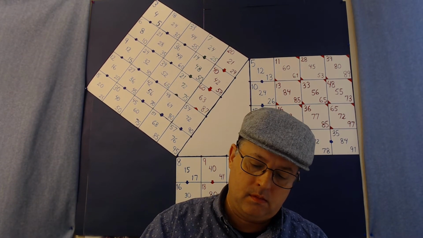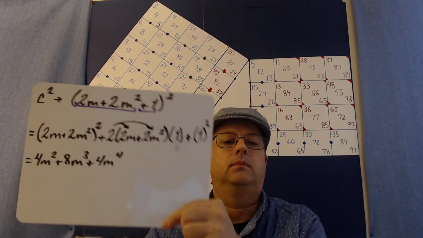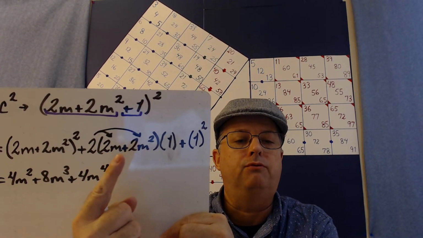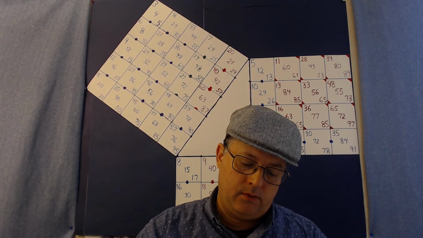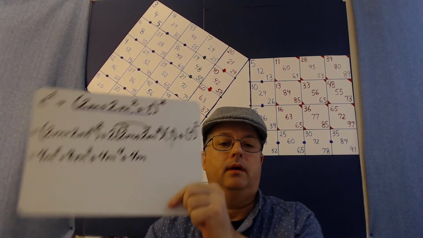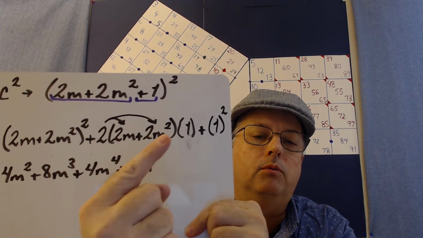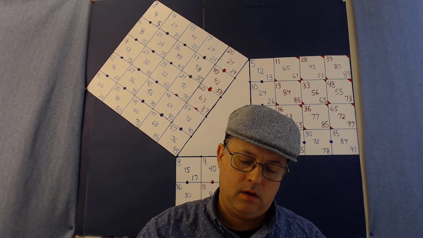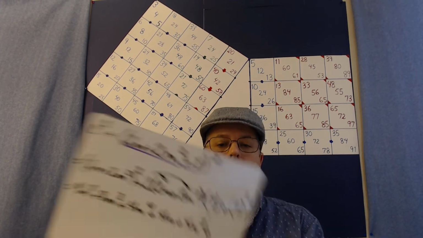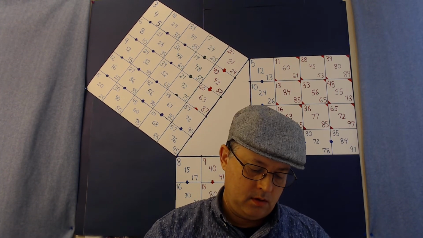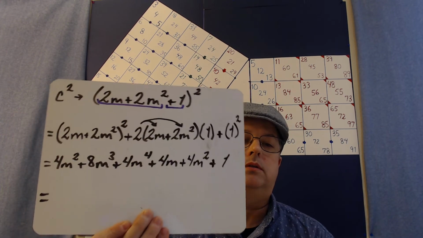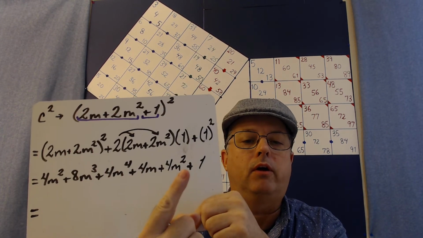So 2 times 2m is going to be 4m, plus 4m squared, since 2 times 2 is 4. And then finally we have the 1 squared, that's going to give us 1. So this is the first part of our expansion here.